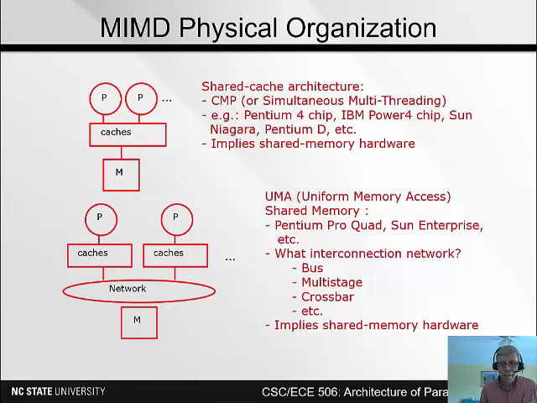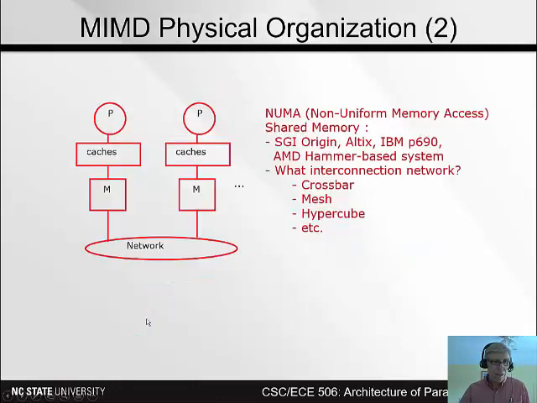It may be some other kind of tightly coupled interconnection network, but in any case, in order to get from processor to memory, you need to go across the network, which, as I say, may just be a bus. So this implies shared memory hardware because you can make a reference from any processor down to the memory. Then we can have NUMA architectures.